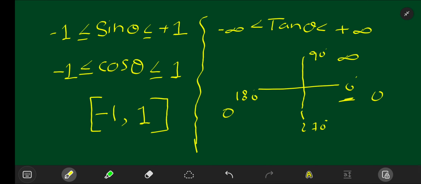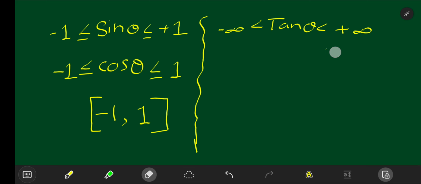Tan 270 degrees is minus infinity. These are the big values, no? Infinity is the greatest value, and minus infinity is the least value. This is the range. Whatever angle you substitute at the place of theta, the values will be between these two numbers only. That is the meaning of the tan theta range.